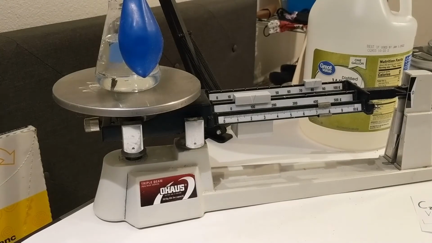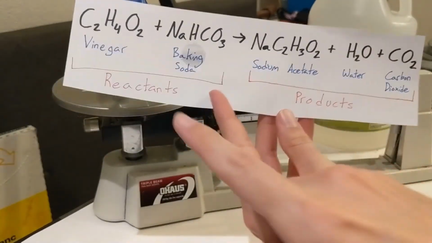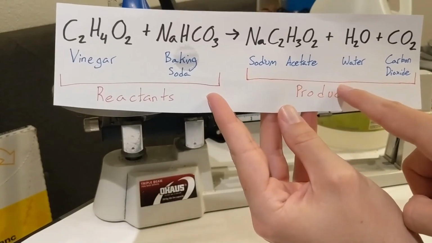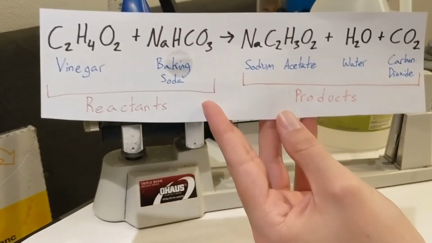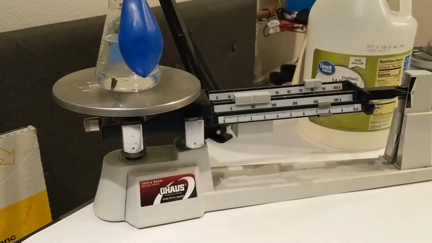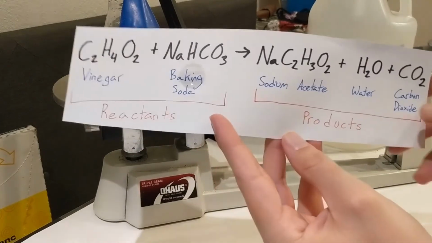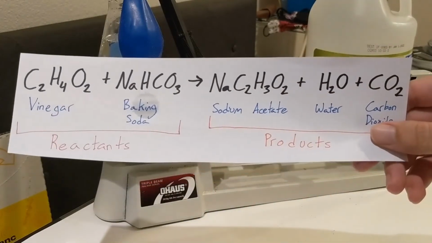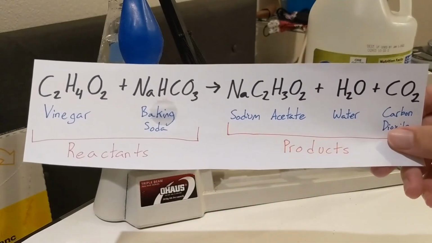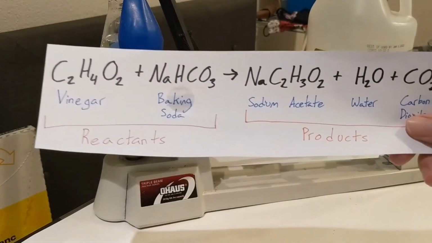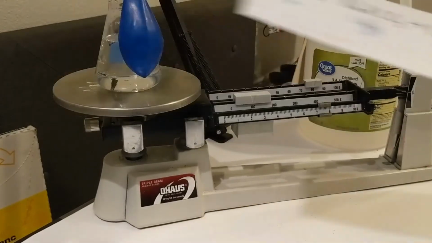When in reality, we know because of the law of conservation of mass, we have the same amount of mass before and afterward. So we're going to take the mass before and the mass afterward, and the difference will be carbon dioxide. So that's what we're going to try to figure out: what's the mass of the carbon dioxide that we are putting into this room right here?